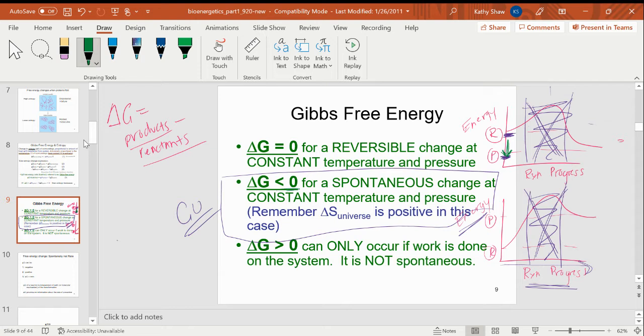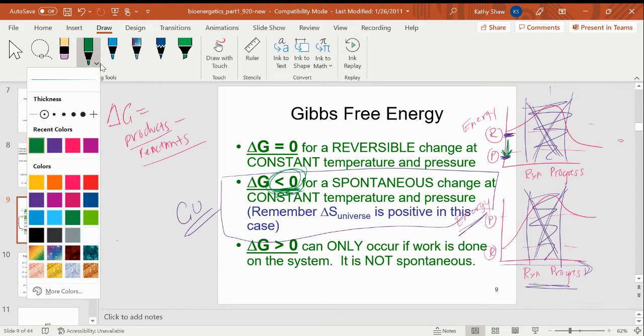But because of the equation, the calculation being done is products minus reactants, that gives us a negative number. So a negative delta G is our go. A reaction with a negative delta G will go.